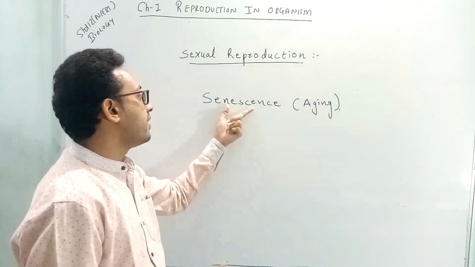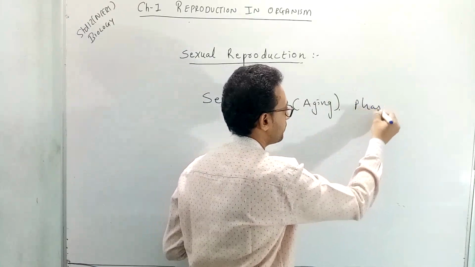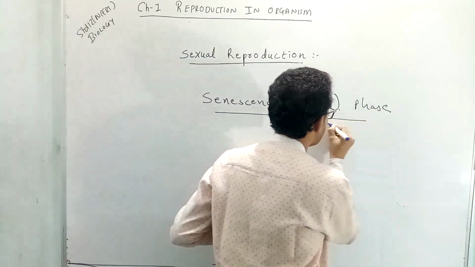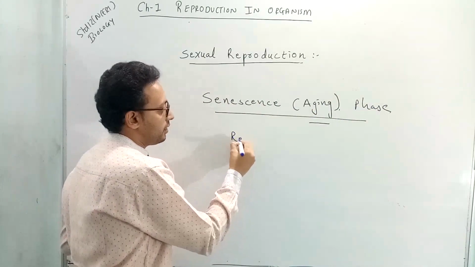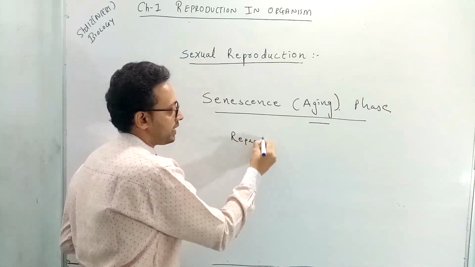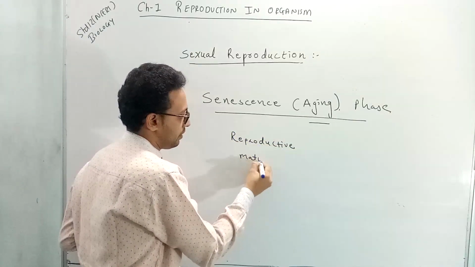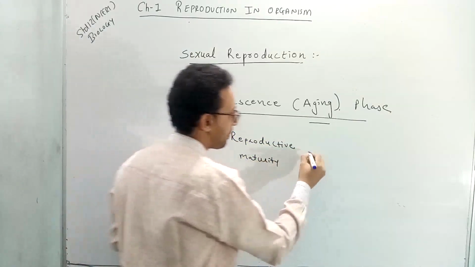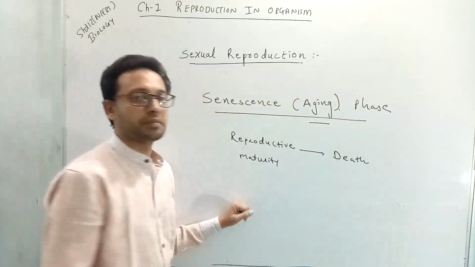So how would you define this senescence phase or the aging phase? The senescence phase is a time period between reproductive maturity and death of an organism.